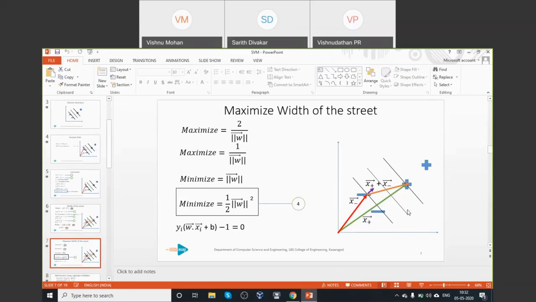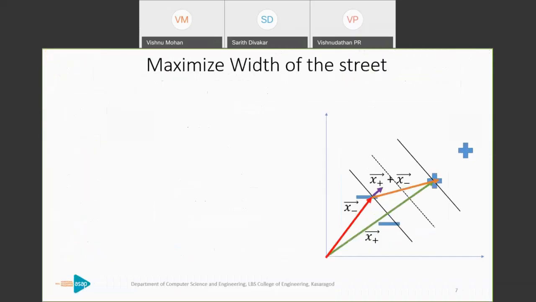So this is the maximum margin plane that separates the positive from the negative. And you can see over here, these are the support vectors. This is a support vector, and this is also a support vector.